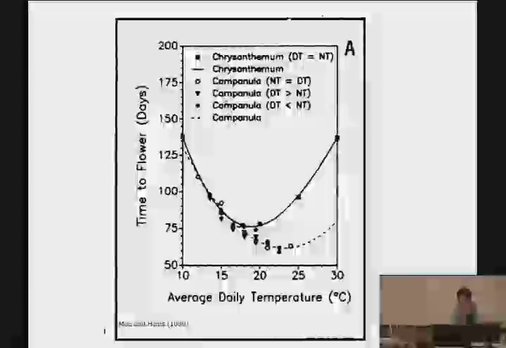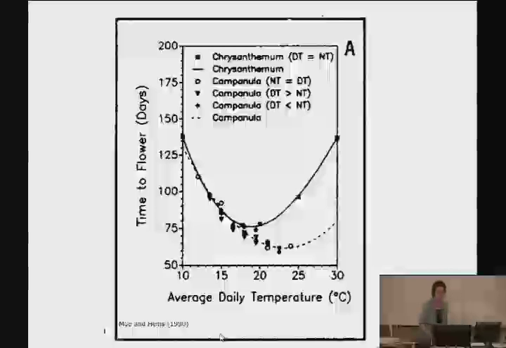This is, I think, actually from Moore and Hines, your second reading material. Those two different species, Chrysanthemum and Campanula, show different optimum temperatures. Campanula has a warmer optimum temperature, 23, and Chrysanthemum a little bit lower.